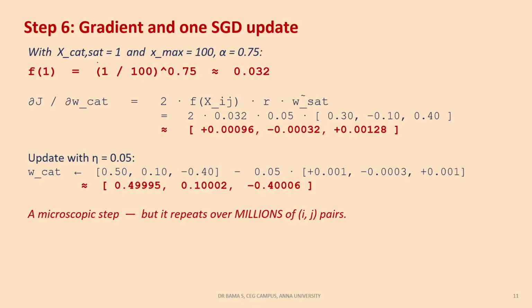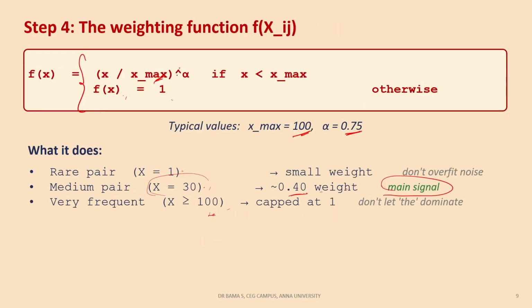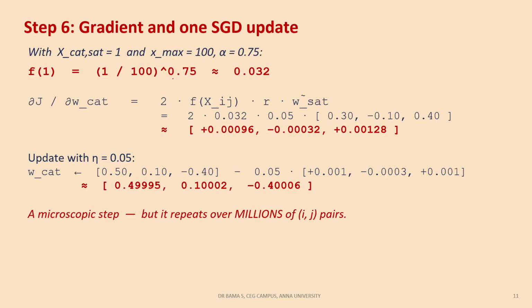Now with x cat sat as 1, and suppose we take x max as 100 and alpha as 0.75, then we will have the f value as 1 by 100 to the exponent 0.75, which is approximately 0.032.